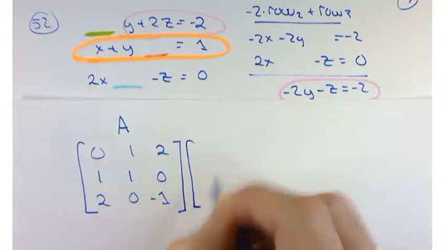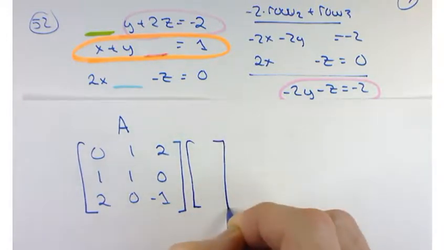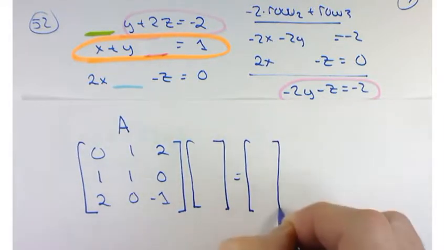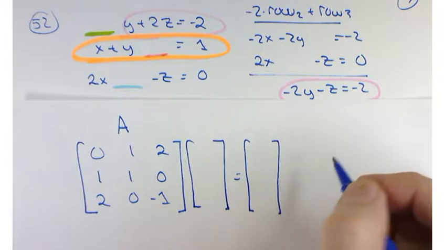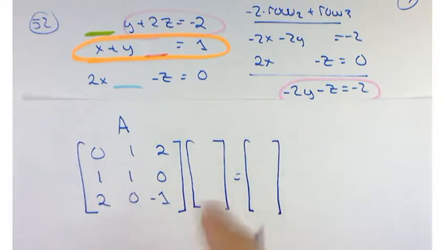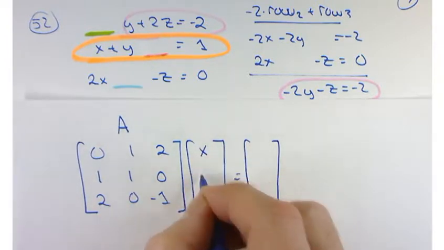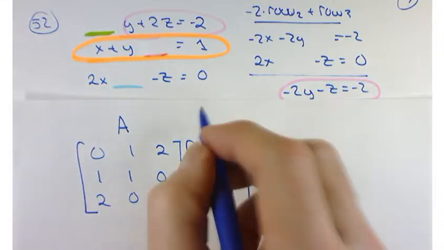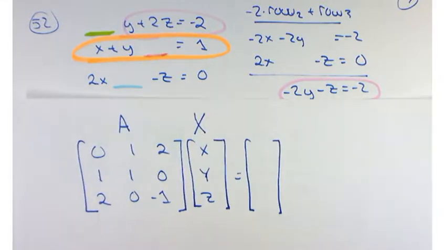Now, regrettably, if I stick with the general notation for this, there's a little bit of possibility for confusion. This is your matrix A. That's going to multiply x, y, and z, and we call that matrix X, but we're using a capital X. I know it doesn't look all that great, but that's what we're stuck with.